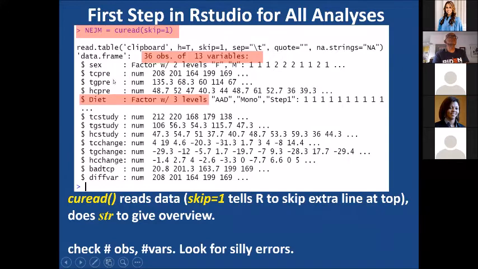So you want to look at these things. Perhaps you didn't copy to the clipboard properly, perhaps you didn't highlight all the columns, etc. You need to get that resolved before you start doing anything at all. And then it tells you what the variables are and what the initial few subjects' values are.